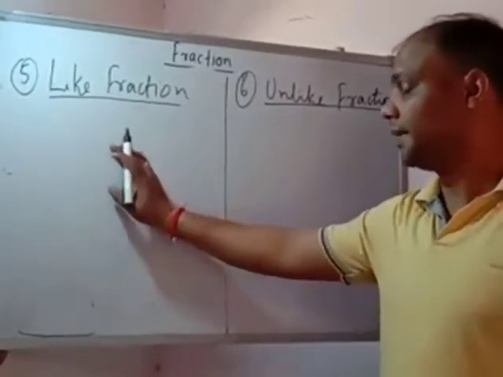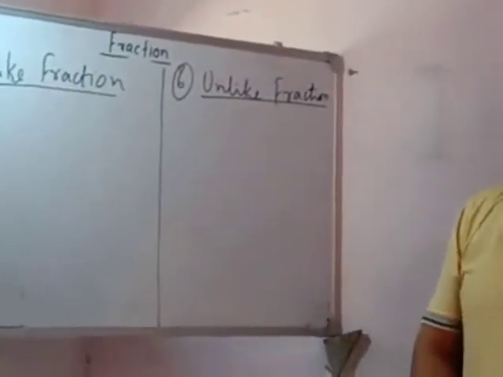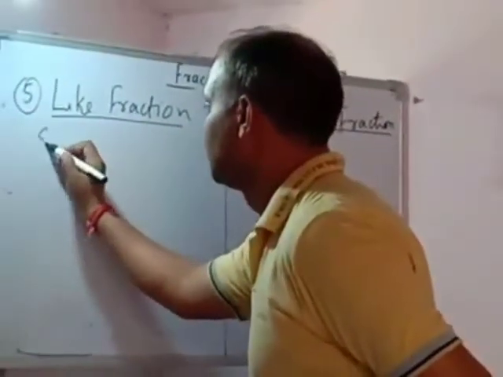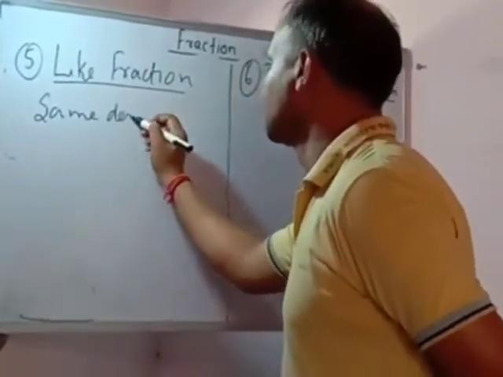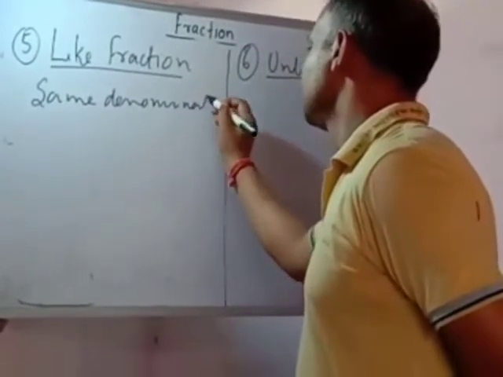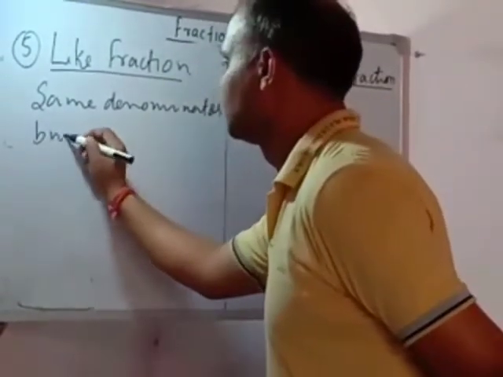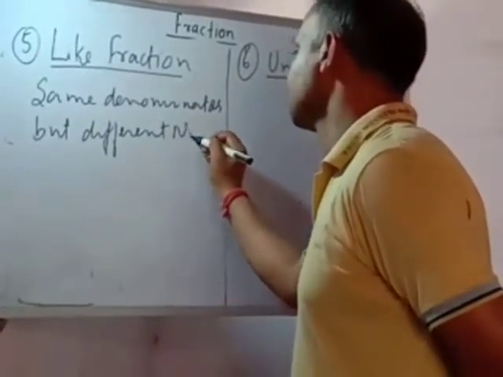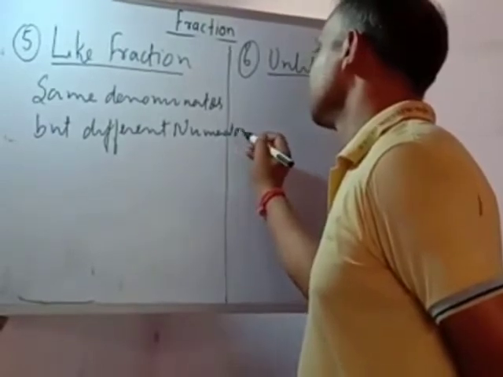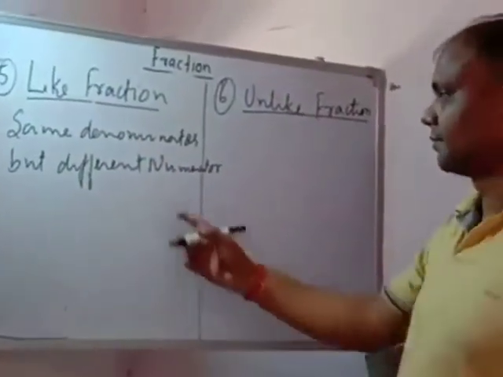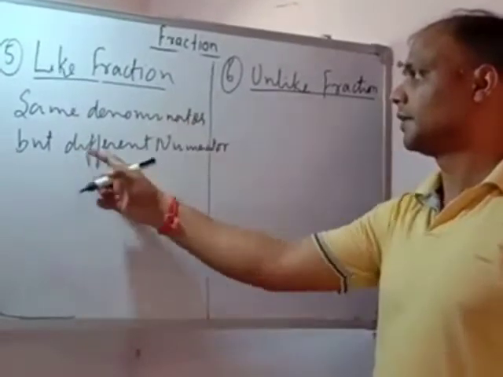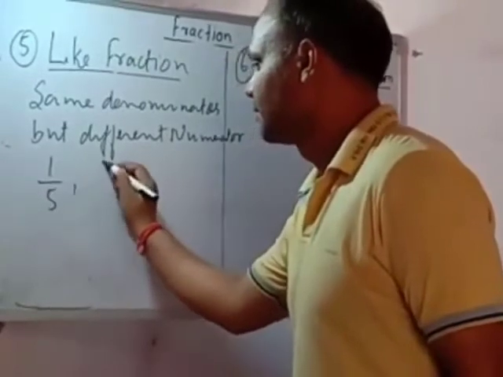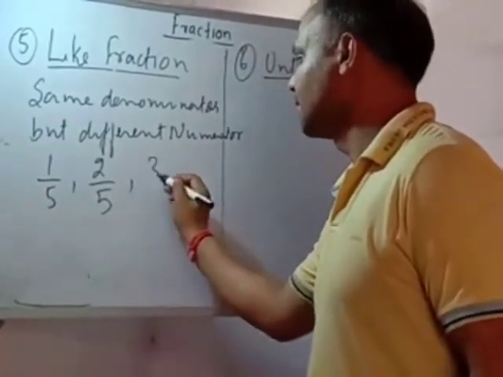Fifth is like fraction: fractions having the same denominator but different numerators. Suppose we take the example 1 by 5, 2 by 5, 3 by 5.